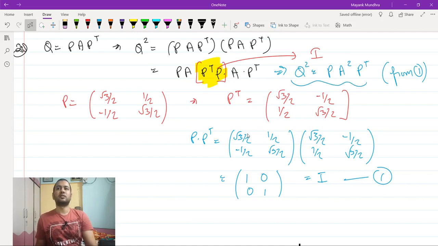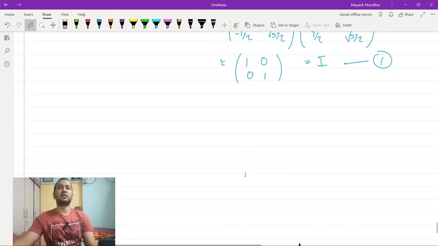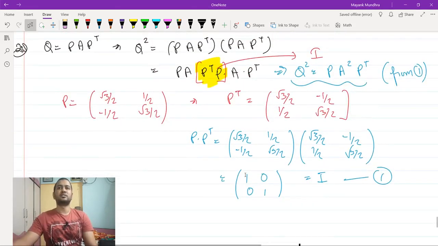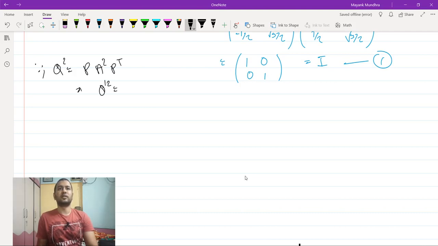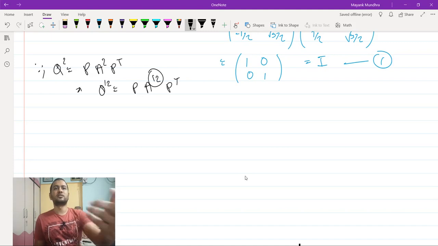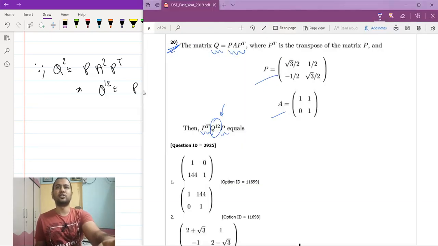Now that we have this relationship, since Q square is equal to P A square P transpose, this implies Q to the power 12 would be P A to the power 12 P transpose. So that's your Q to the power 12.